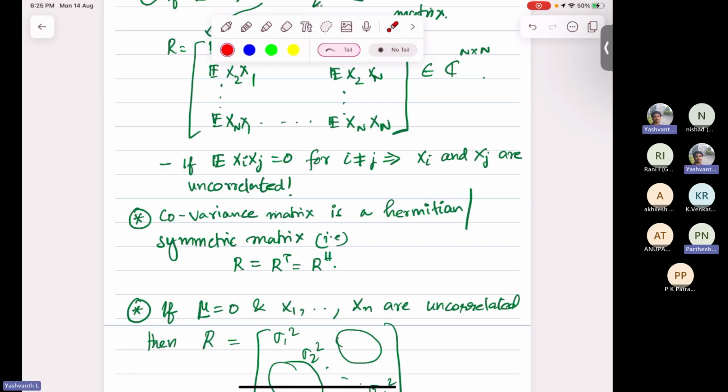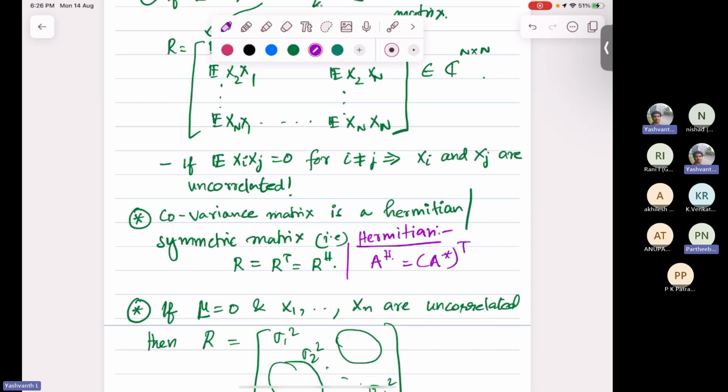Yes, sir. Hermitian means R is equal to R transpose is R Hermitian? I couldn't get it. Okay, let me clarify. A Hermitian is defined as A conjugate and then transpose. This is how A Hermitian of any matrix is defined.